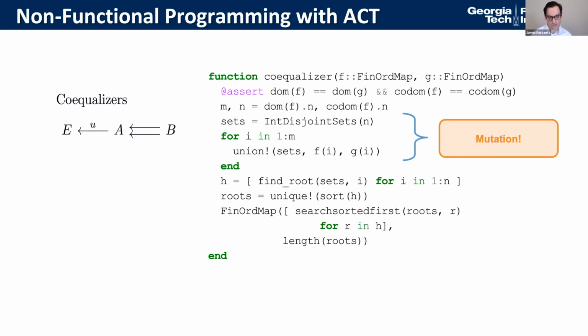The code for how to compute co-equalizers uses union-find data structures and is just a for loop over these things. Then you union the bags with the union-find data structure, and then you find the things that you're supposed to find with the union-find, and you make the appropriate data structure.